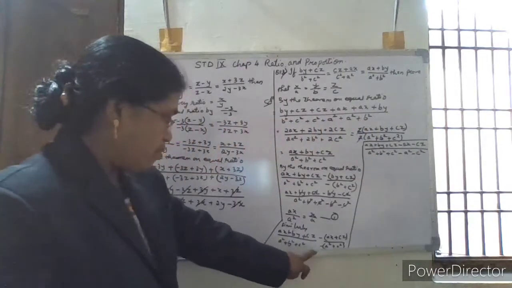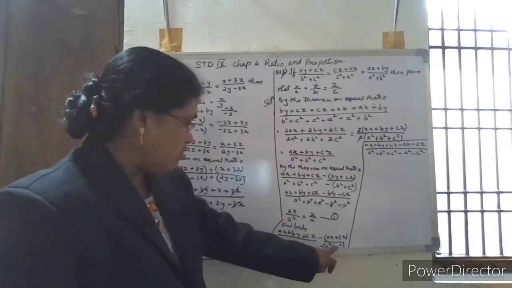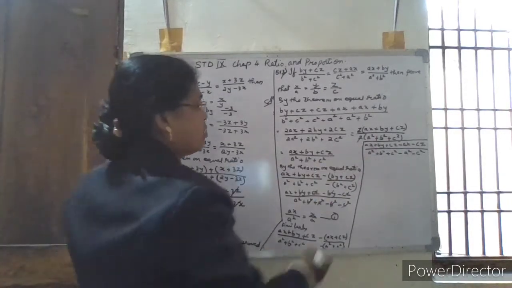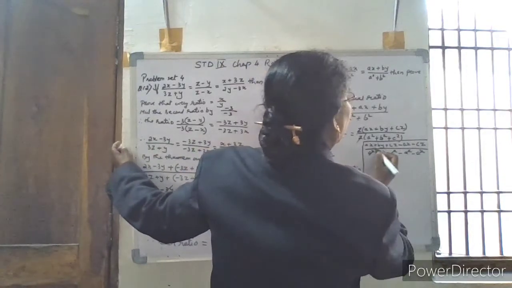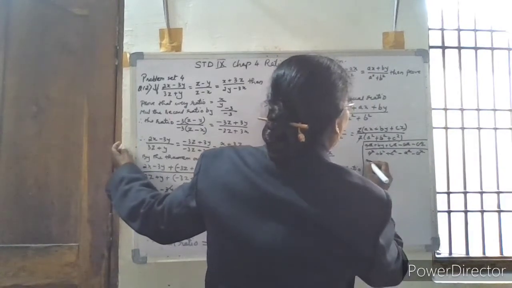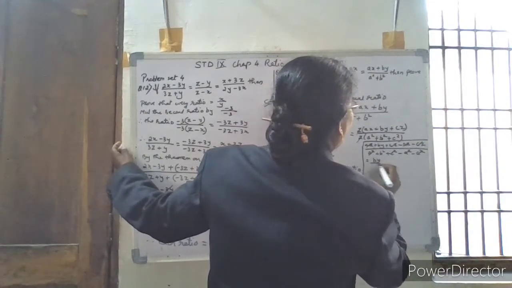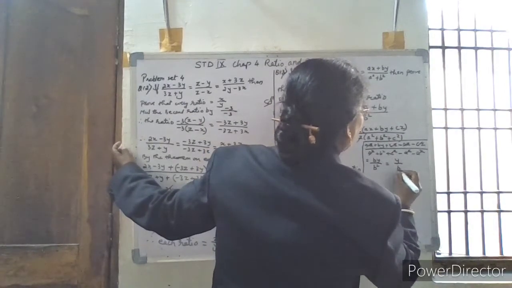So a squared, c squared cancel, and here ax cancels, cz cancels. We are left with by by b squared. So that is equal to y by b. Take this as 2.